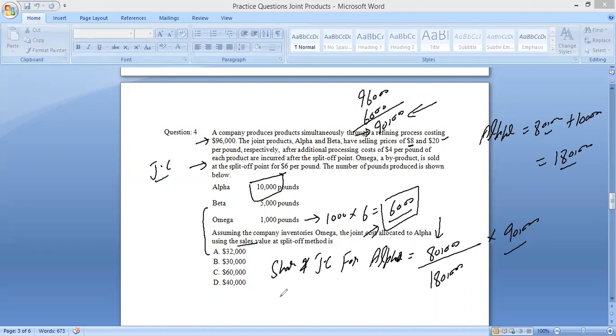I'll make the calculation so that we will have the correct answer. Yes, students, here you will get the answer equal to 40,000. Correct? Question number 4, you will get the answer equal to 40,000.